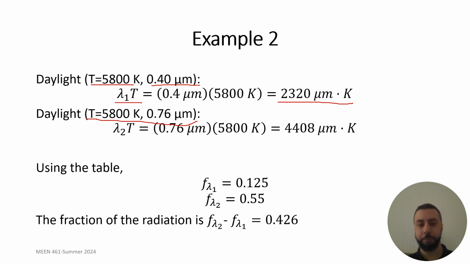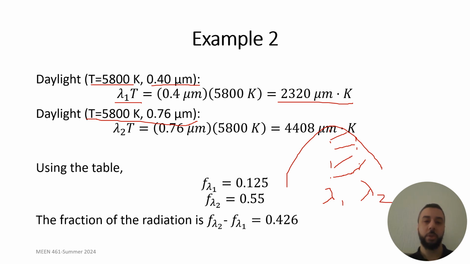Again, if you remember the curve, it looks something like this. We're just trying to find the fraction of radiation between two wavelengths, so it's going to be something like this area, where this is your wavelength 1, and this is your wavelength 2.